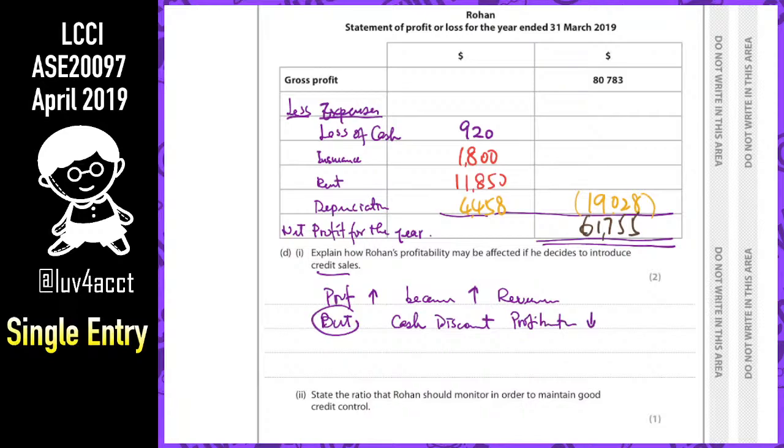And this is also the case if your trade receivables, if your credit customers are not paying you back. It is also possible that you have irrecoverable debt. Then your profitability will also go down. Okay, so 2 sides.